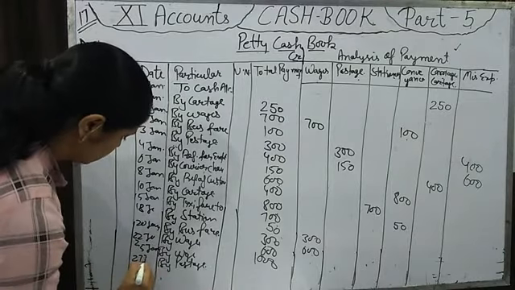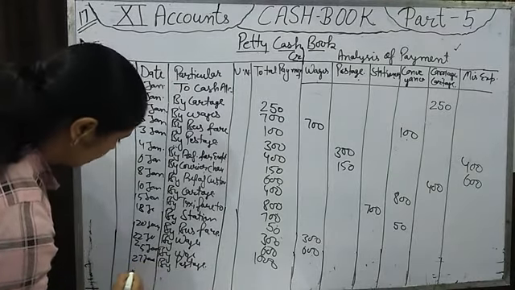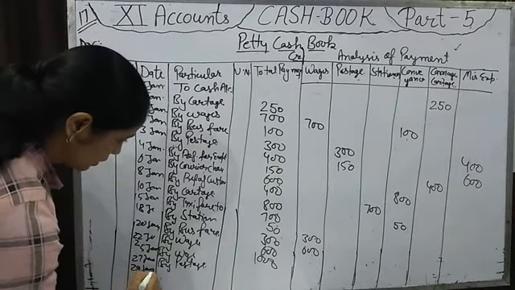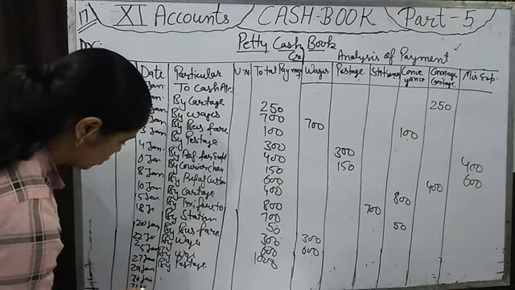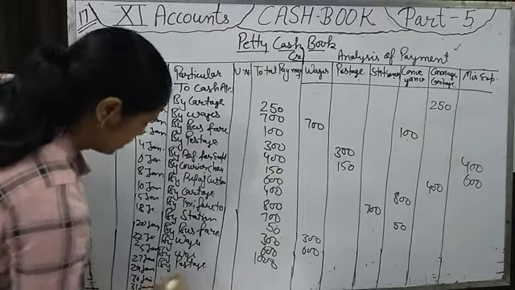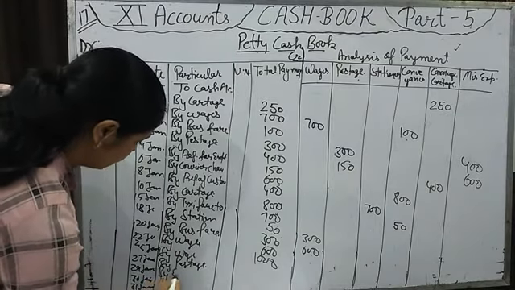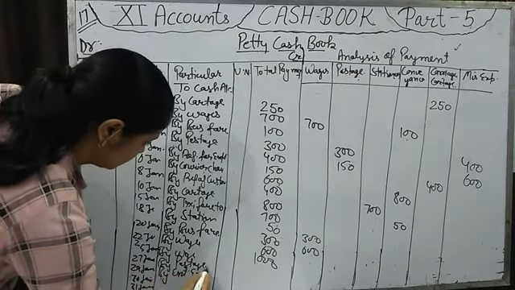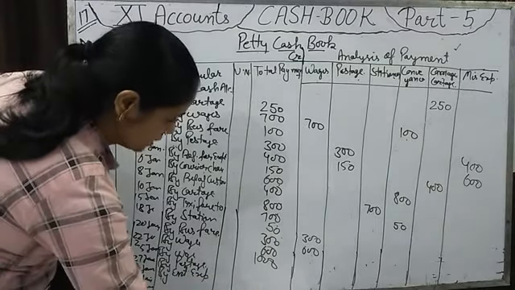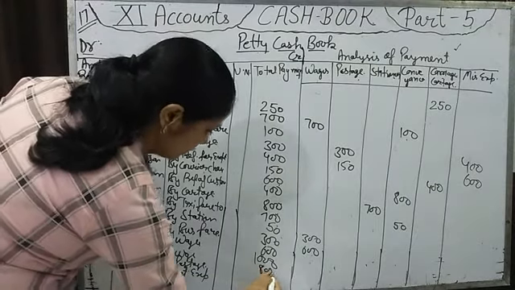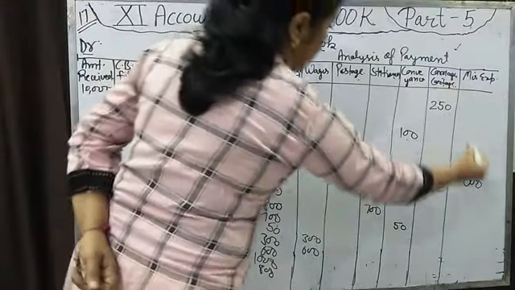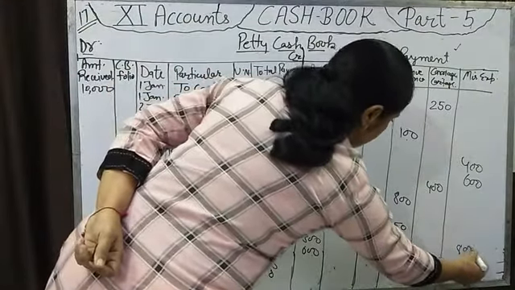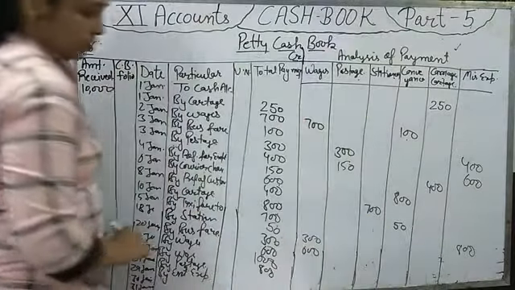27 Jan. Now on 29 Jan, 30th Jan and 31st Jan. On 29 Jan, entertainment expense, amount is 800, and entertainment expense will not come in any category, so we will write it in the miscellaneous expenditure.